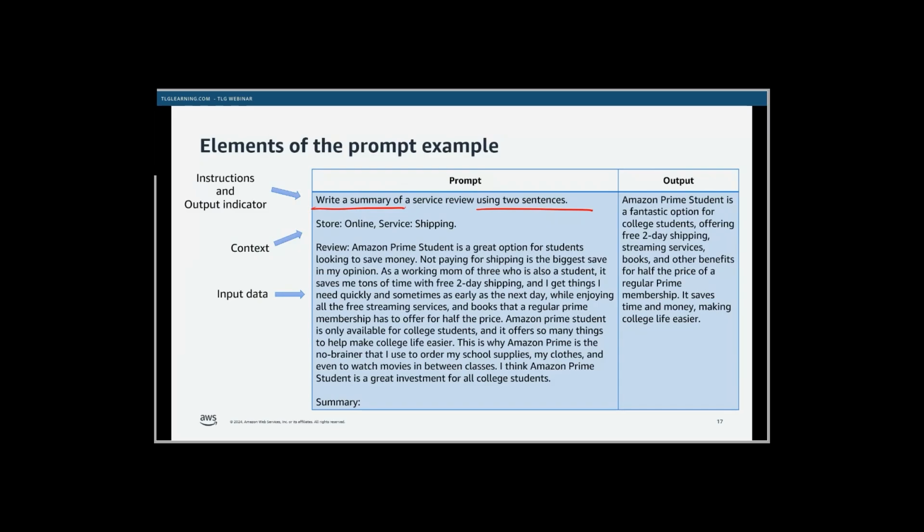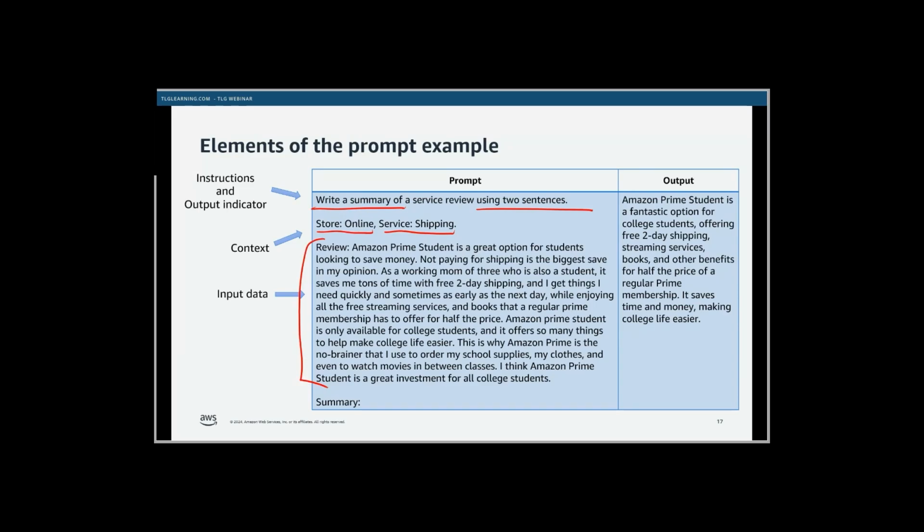And then there's the context. The context means additional information and any background information that would be useful for the AI. Here we're telling the AI that this is an online store, so it's something found on the internet. One of the services involved is shipping. It would be shipping something to individuals. But then the input data, in this case, we just copied and pasted some text.